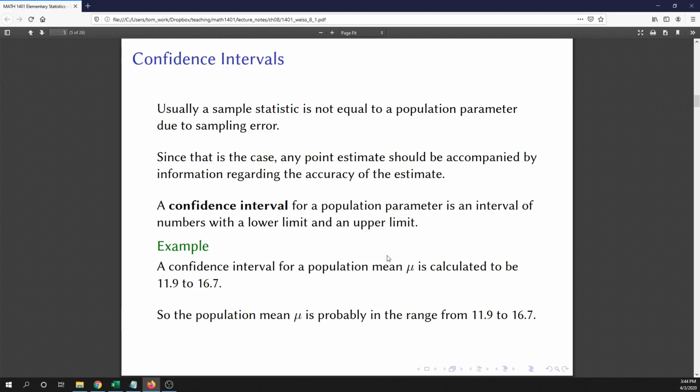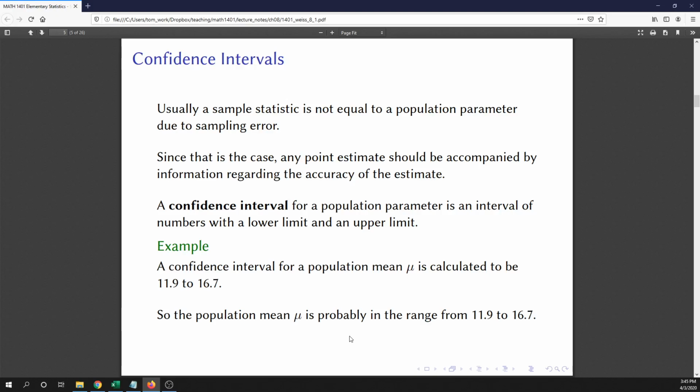But a confidence interval is where you say the population mean mu is probably in this range from 11.9 to 16.7. So it's a range of numbers as opposed to a point estimate, which is just one single number. The interpretation of this confidence interval is that the population mean is probably in the range from 11.9 to 16.7.